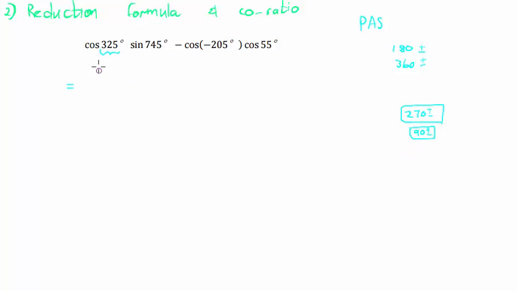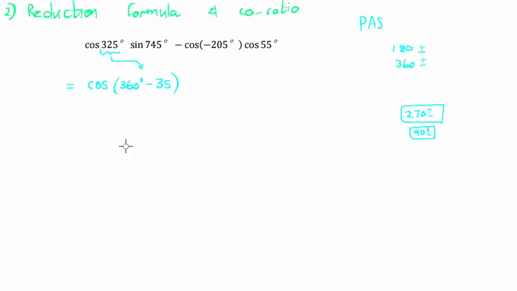Okay, so 325, that is what? Okay, so this is cos of 360 degrees minus 35. Notice I'm not saying it's 360 degrees minus 325. I am rewriting 325 in a different way.